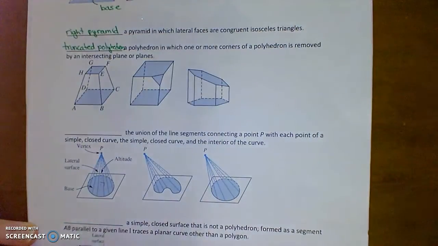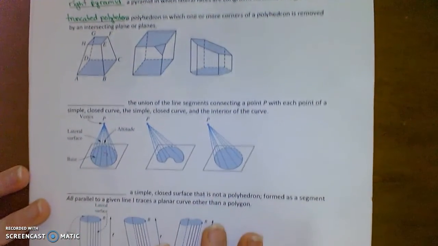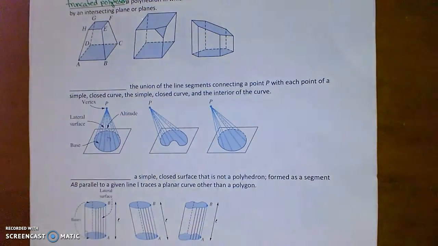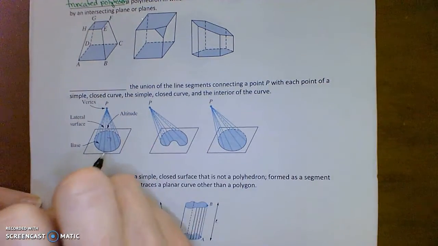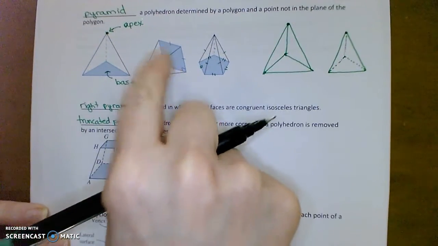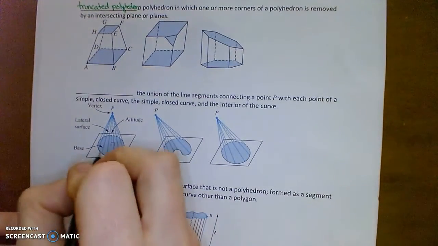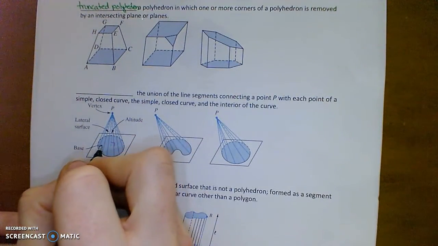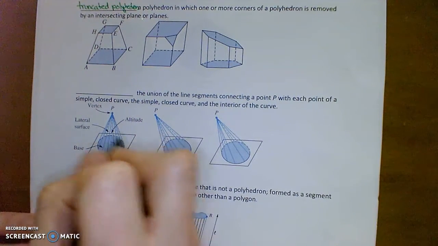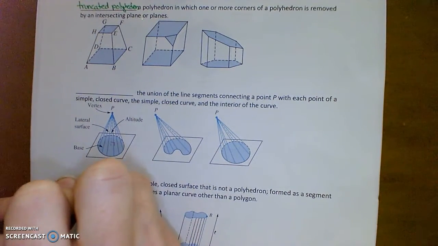Now we'll go through a whole bunch of vocab words that have to do with circular type objects instead of polygonal objects. So imagine that you take your pyramid and keep increasing the number of sides of your base. The more sides that you give your base polygon, the more circular it starts to look.